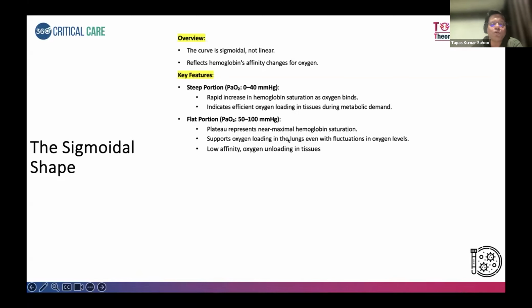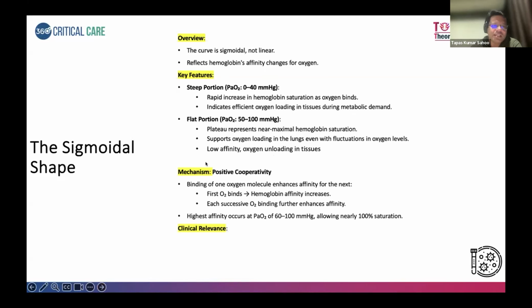So this happens more in the lungs, and the steep portion would be more of oxygen unloading in the tissues to help with perfusion, for the metabolic demand of the end organs. Low affinity oxygen unloading would be happening in the tissues, but in the lungs oxygen loading would be continuing.